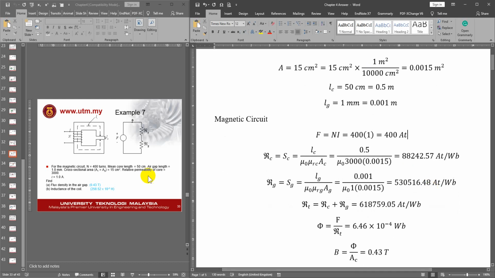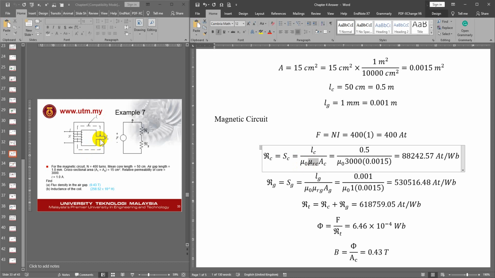Next thing you have to do is calculate the core reluctance. You can use R, curvy R, or S to represent reluctance. It equals the length of the core divided by mu naught mu RC. You can see there are two mu R, relative permeability.